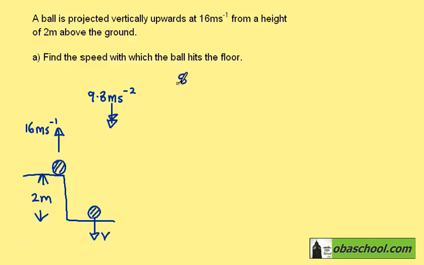We collect our information in the usual way using SUVAT. The ball hits the ground 2 meters below its projection level. So if we take an upward direction as positive, since all of these things are vectors, S has to be minus 2 meters, the minus indicating below the original level.